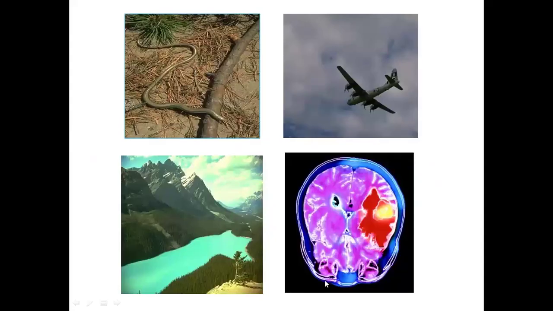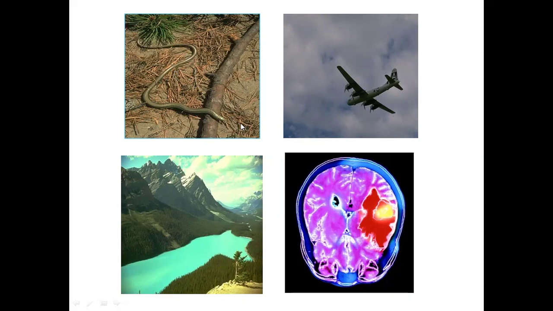If you look at this slide, there are four images I have included. You can see the snake image, and this is the aeroplane image. This is hills and one river, and this is the brain image. Now these images consist of some objects.